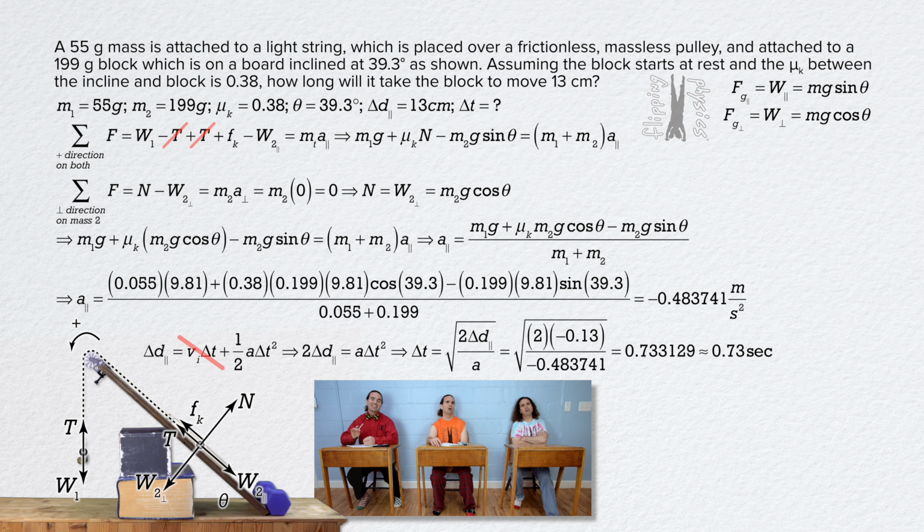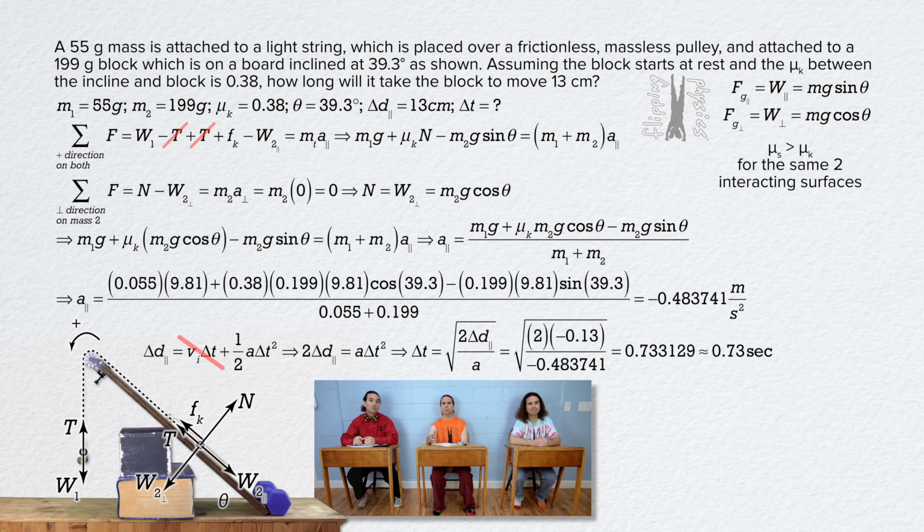The coefficient of static friction is always greater than the coefficient of kinetic friction for the same two interacting surfaces. So the coefficient of static friction here must be large enough to hold mass 2 in place. However, the coefficient of kinetic friction is not large enough to stop mass 2 if it is already moving.